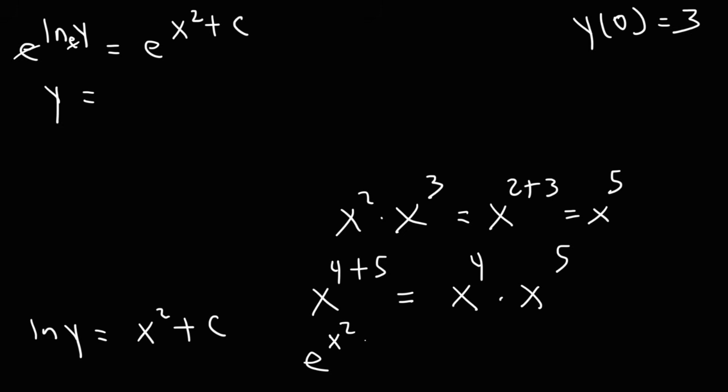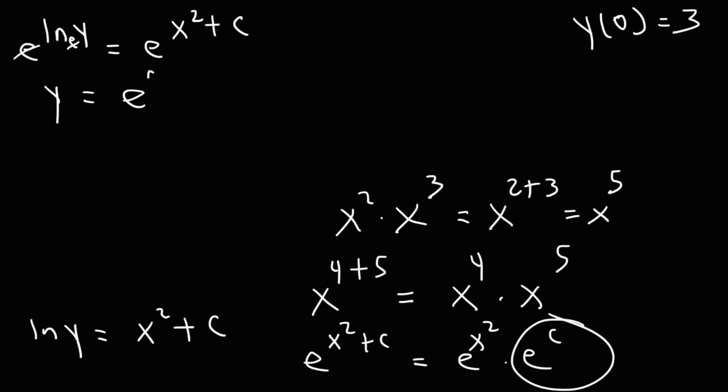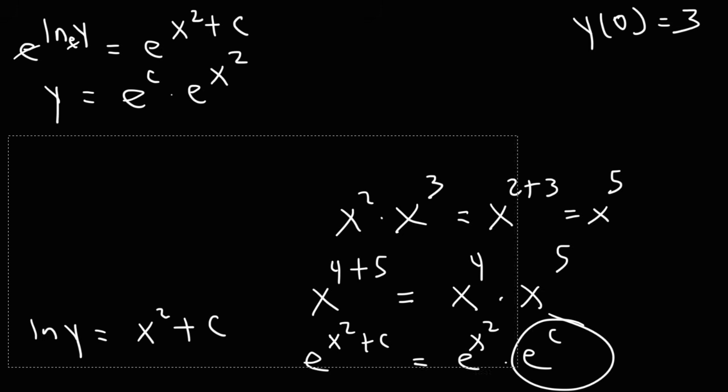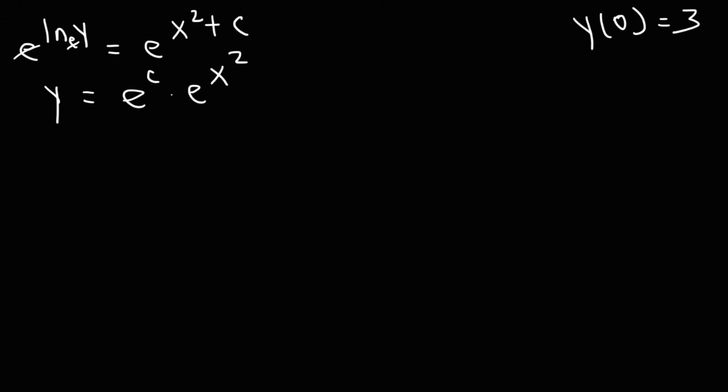So e to the x squared plus c can be written as e to the x squared times e to the c. But I'm going to write this one first. So we have e to the c times e to the x squared. e is a constant, c is a constant, a constant raised to a constant is a constant. So we can simplify our answer like that.